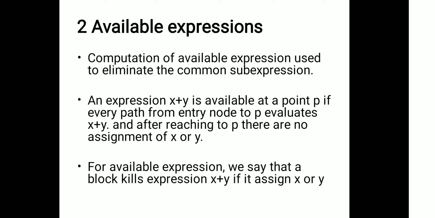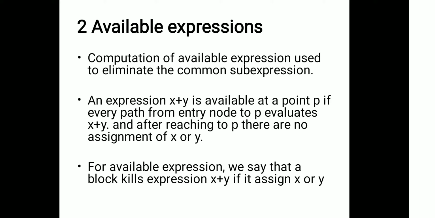At the entry point and exit point, what value, and which definitions are available. It is basically used for elimination of global common subexpressions, global meaning across basic blocks. If we want to do code optimization, data flow analysis is required. So for this purpose reaching definition is very important. If you did not understand it, you can watch this video again.